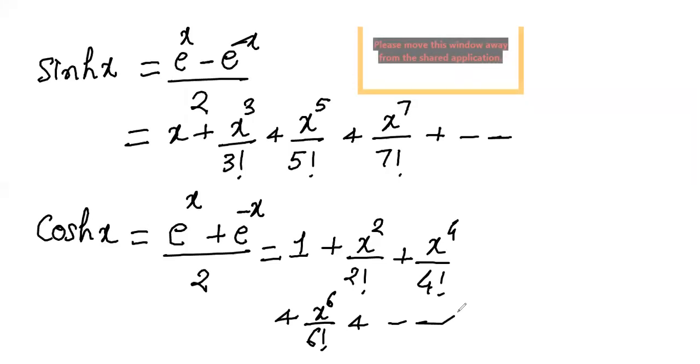So one is sine hyperbolic x, another is cos hyperbolic x. Okay, so sine hyperbolic x and cos hyperbolic x are also clear. So sin x, cos x, tan x, e to the power x, e to the power minus x, sine hyperbolic x and cos hyperbolic x. Hope everyone has written. Okay, let's go to the next slide.